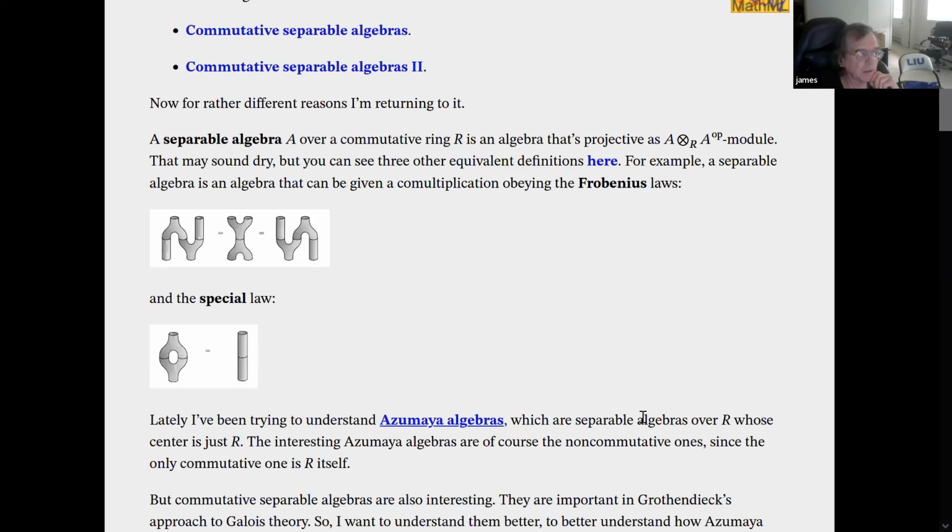But nonetheless, I have other things to talk about. So you see, there are these separable central algebras. You can try and treat the commutative case as a toy stepping stone on the way towards this other thing, right?